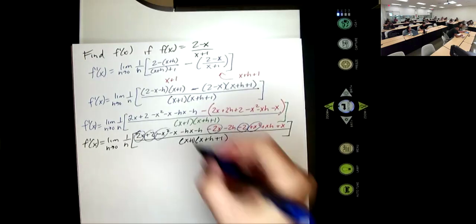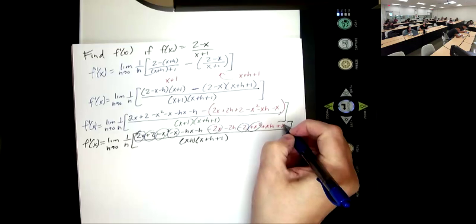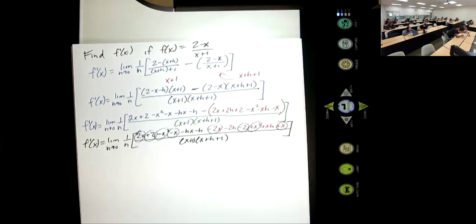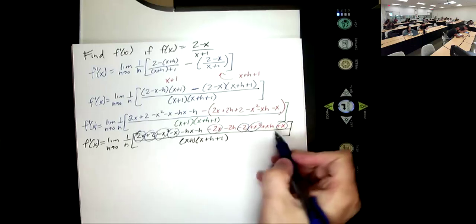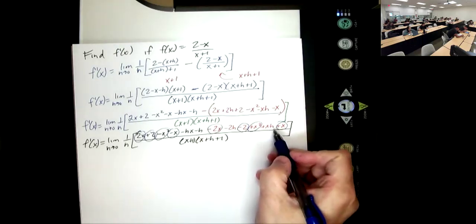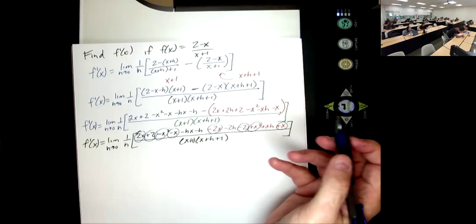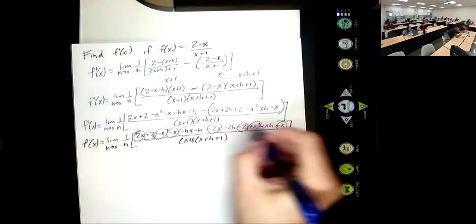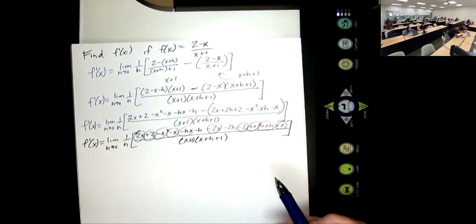The x's cancel. Hx and xh are the same thing, right? They're just multiplied. You can change the order. 2 times 3 is the same as 3 times 2. Those cancel. And then you can combine the h's.